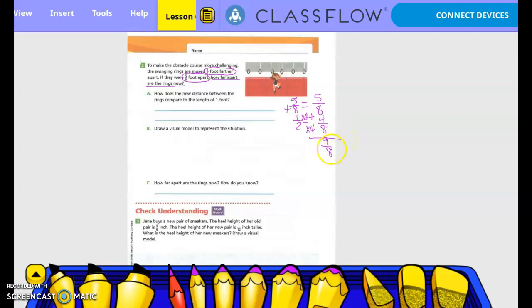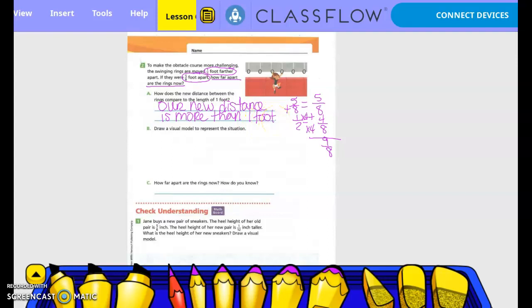So is that more than a foot? Okay, so it says how does the new distance between the rings compare to the length of 1 foot? So our new distance is more than 1 foot.